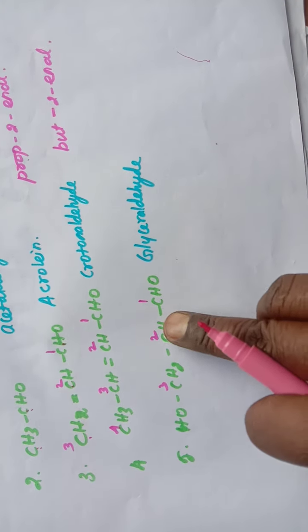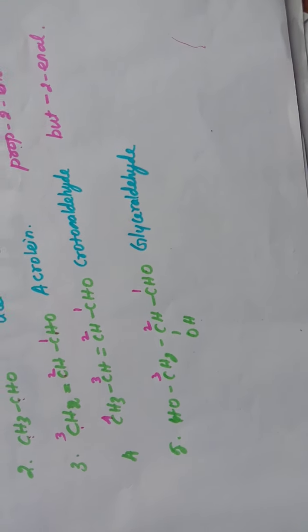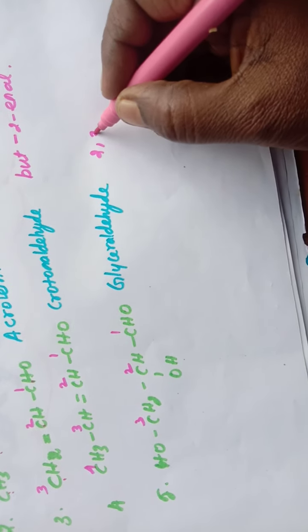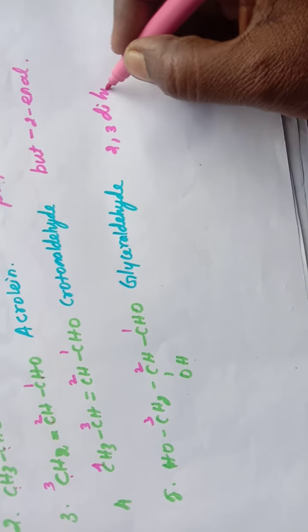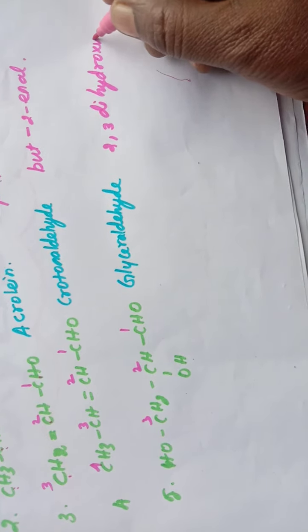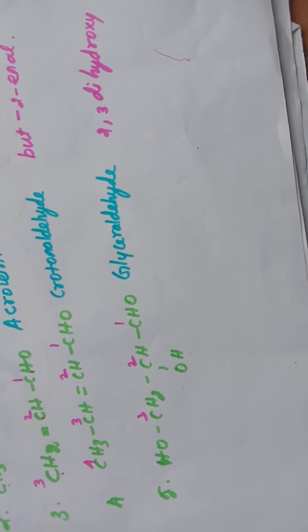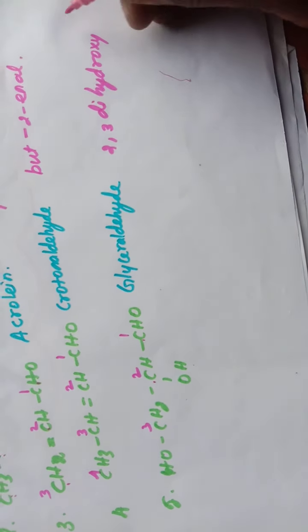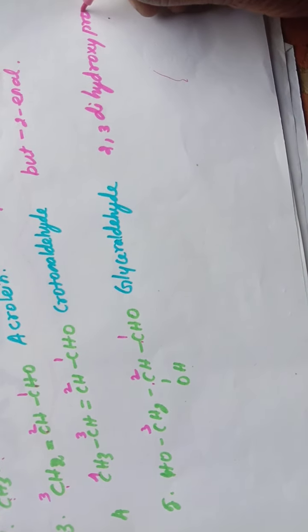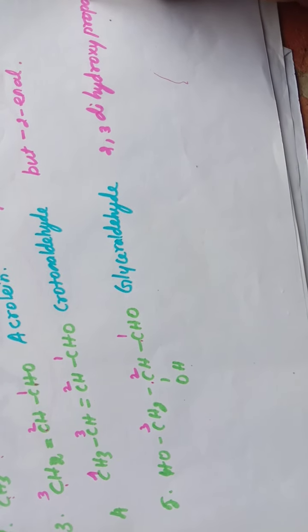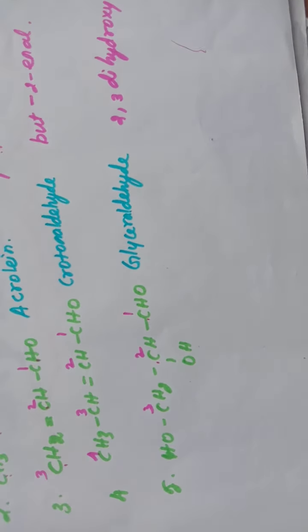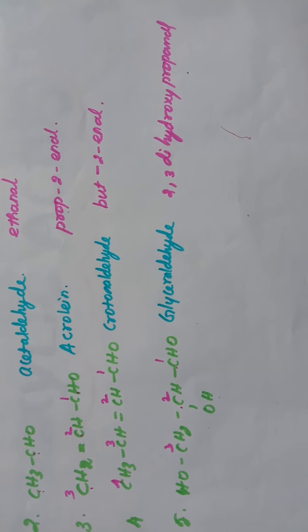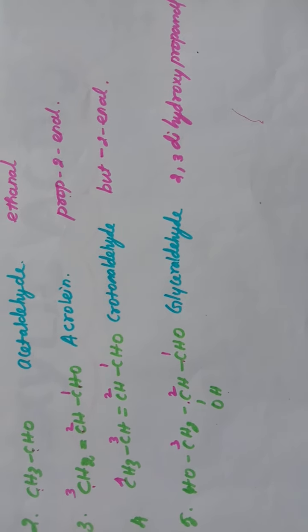So second and third carbons contain the hydroxyl group, so 2, 3-dihydroxy. Then 1, 2, 3 carbon atoms are there, so root word is propane. Propanal. 2, 3-dihydroxypropanal.